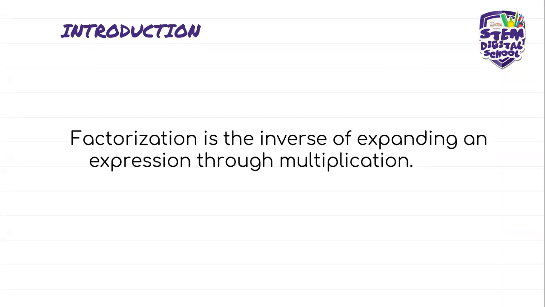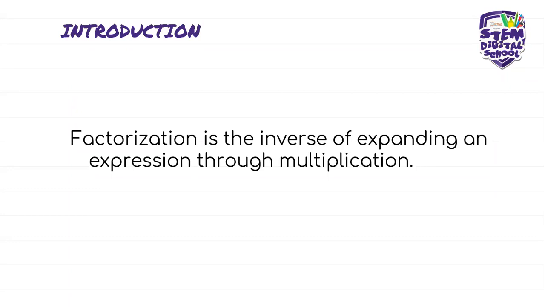As we said the other day, this is how I'm going to define factorization. The other day we spoke about algebraic expressions, and we defined them as a combination of numbers as well as symbols, where you use all four operations: addition, subtraction, multiplication, as well as division.